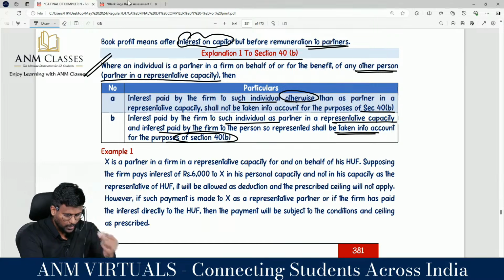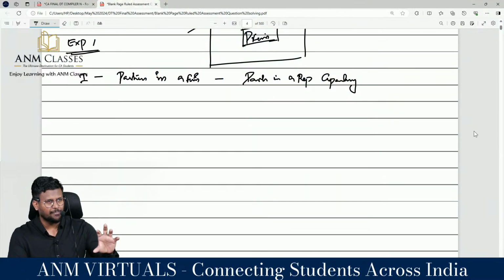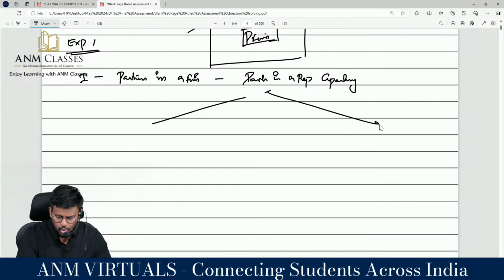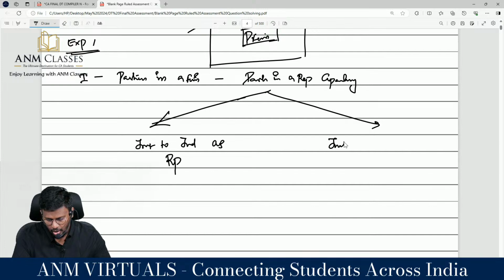So explanation 1 is saying that there is an individual, and that individual is a partner in a firm in a representative capacity. Two types of interest the firm can pay: either interest to that individual as representative capacity, or interest to that partner as other than representative capacity.